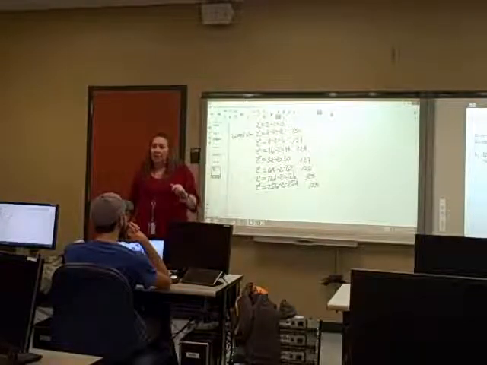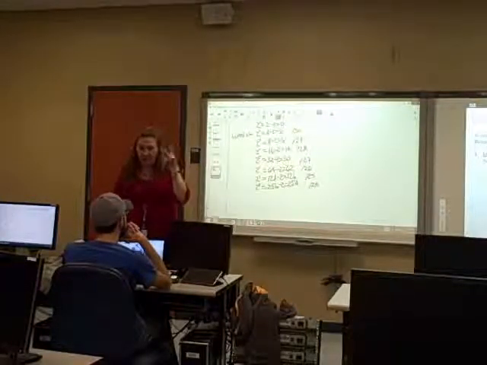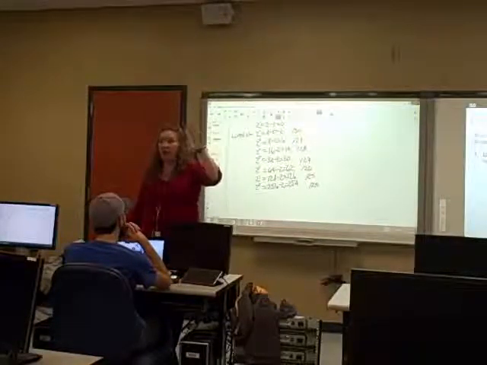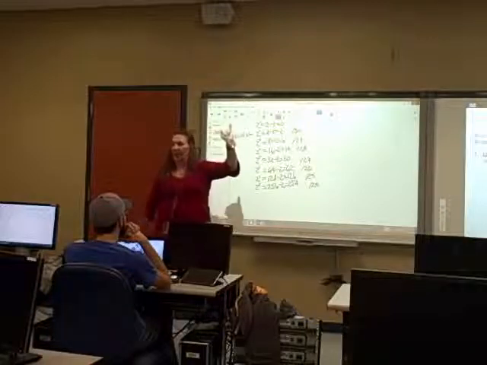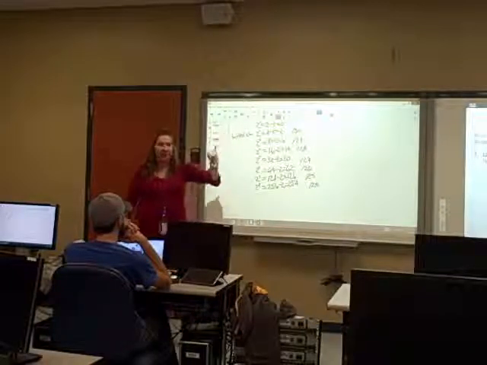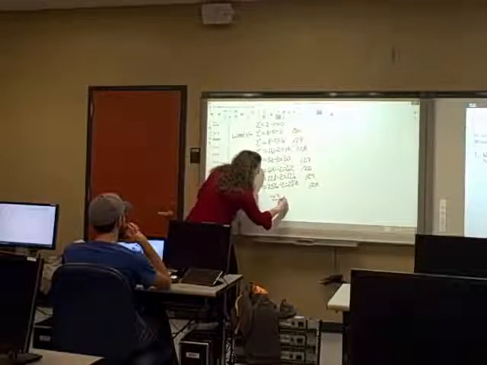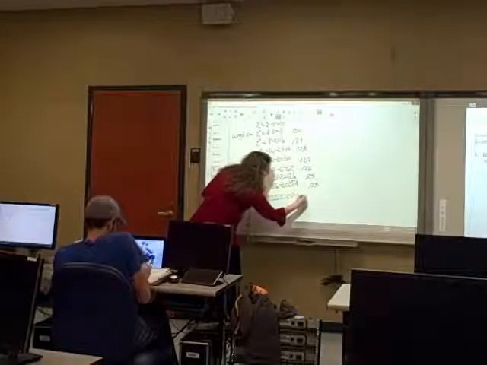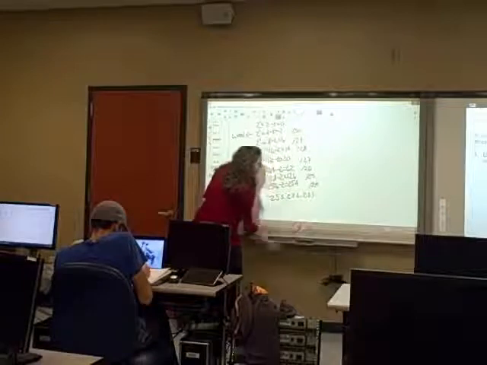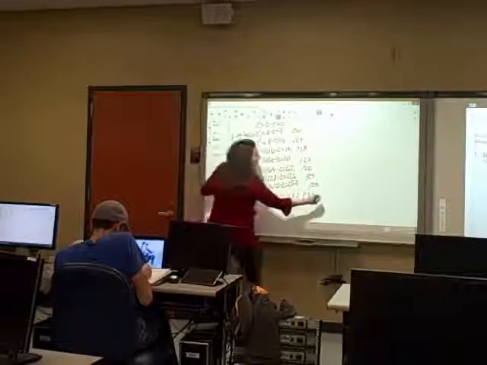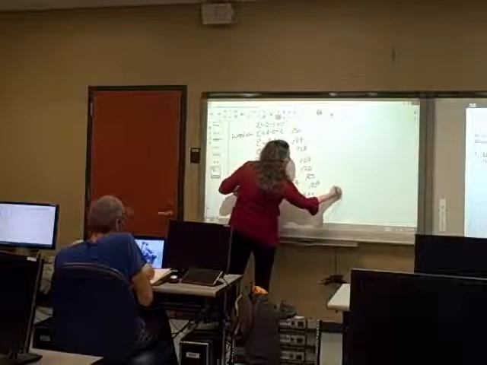Now, you know our subnet mask says 255, and if we're working in the 4th octet, it's 255, something. Okay? So we have 255 dots. Okay? Right here, it's a dot 0.